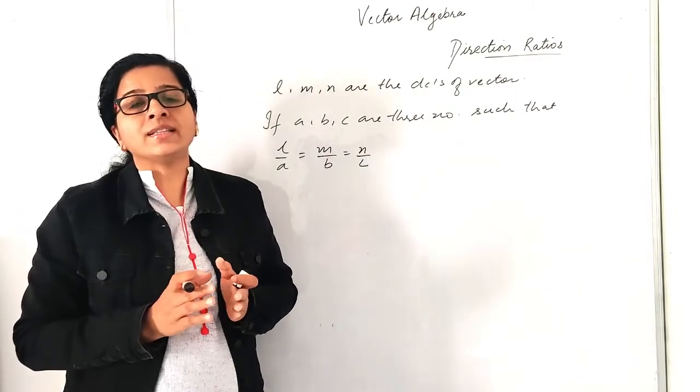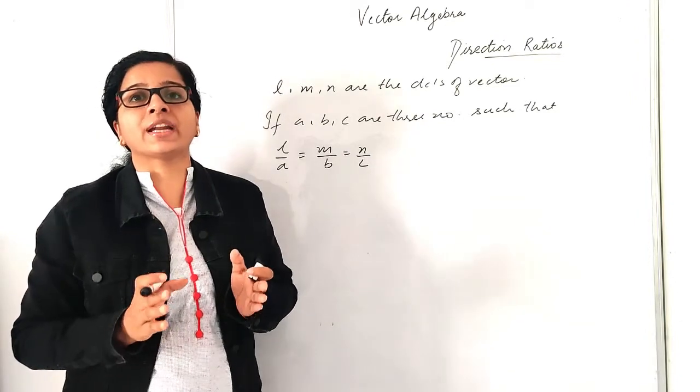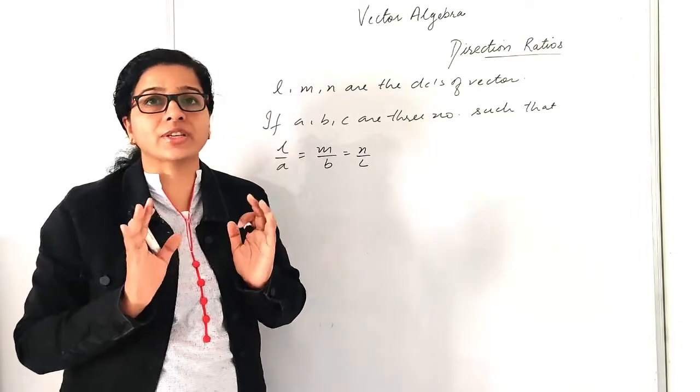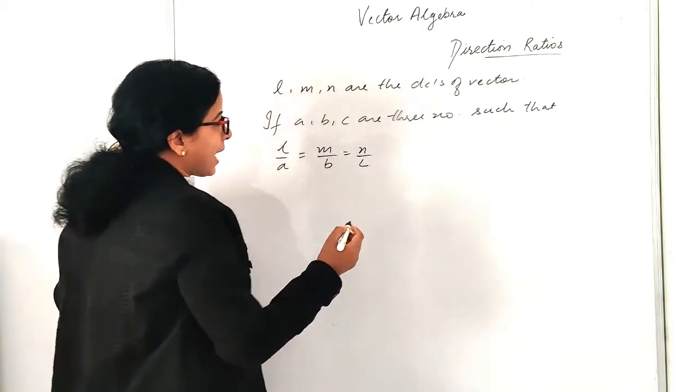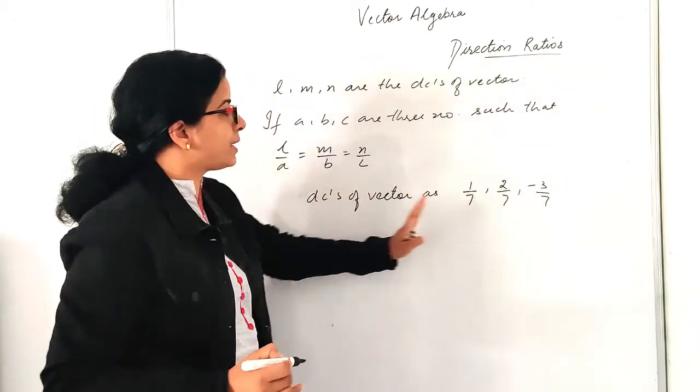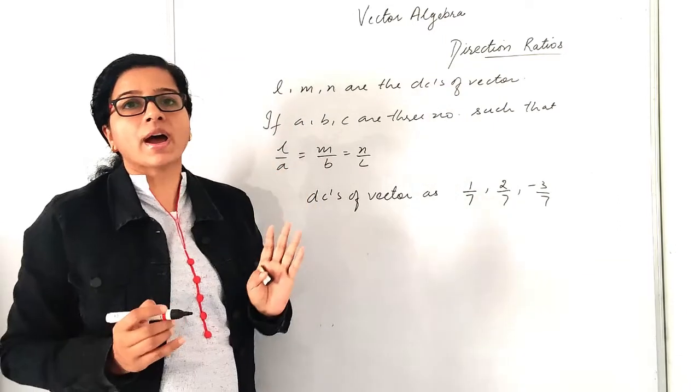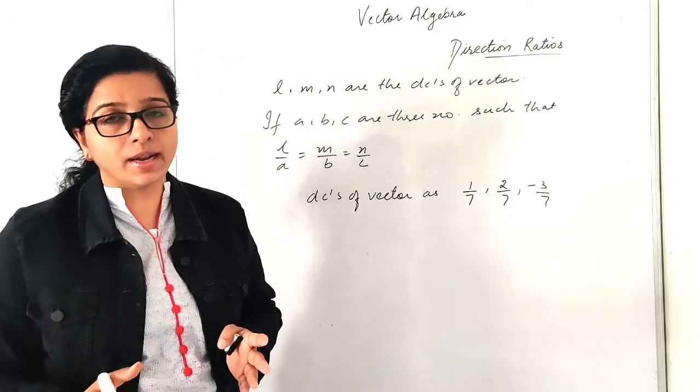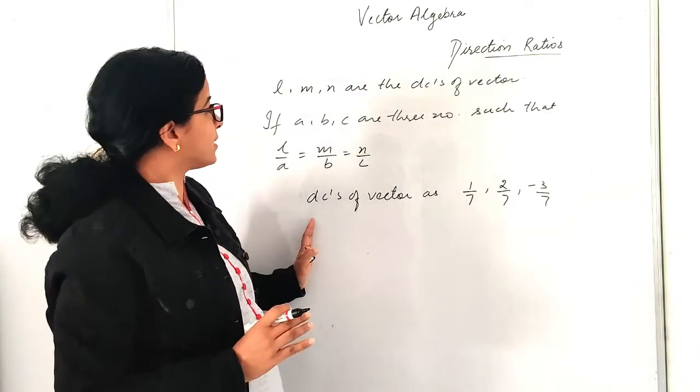Direction cosines are unique, but direction ratios are not. Let us just check it out. Say for example, these are my DCs of a vector, right? So I can find infinitely many numbers which can act as direction ratios.